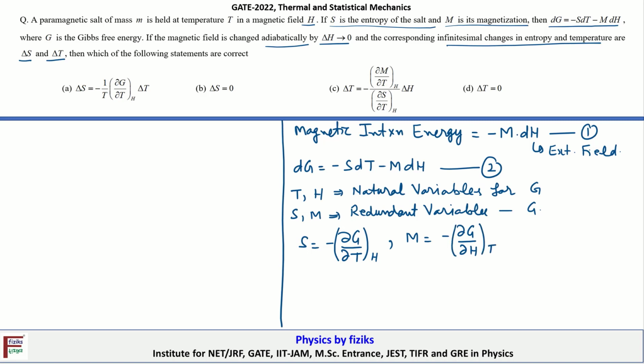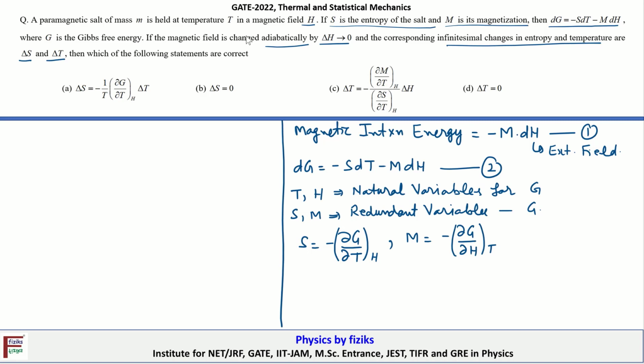By saying S and M are redundant variables, it means they can be determined if we know how the Gibbs free energy changes with respect to temperature and with respect to the applied field. In that sense we call them redundant variables, and T and H we call natural variables.